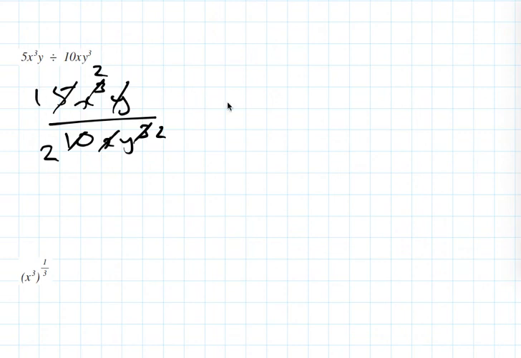That could be 1, but you don't have to write it. So what do we have left? We've got the x squared divided by 2, we've got no x left, and we've got y squared. Right? Simple.